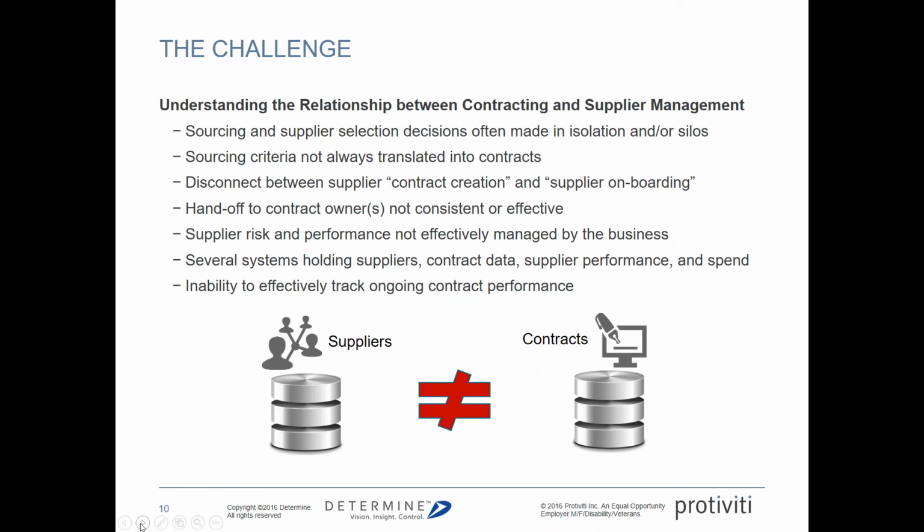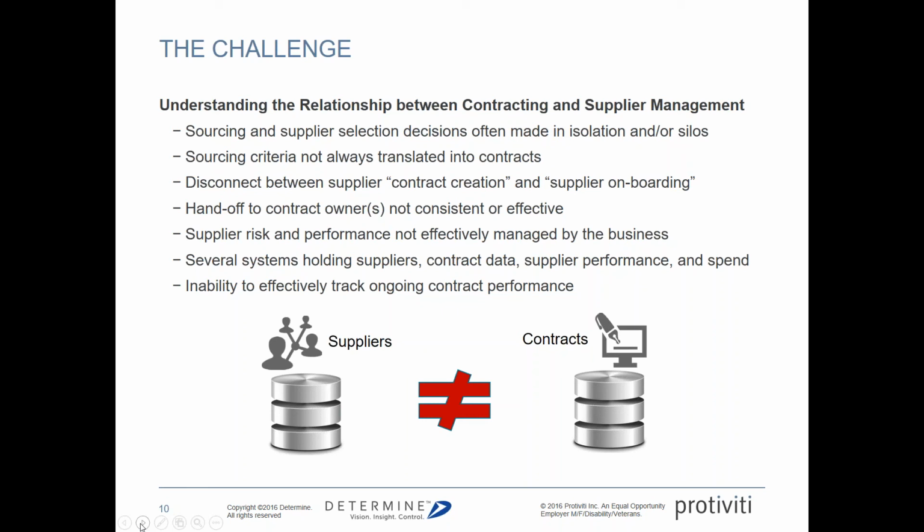So think about the problem of trying to onboard a supplier or create a contract when a supplier is not onboarded, which could be a very critical validation. The handoff to contract owners is also not consistent or effective, and oftentimes this is due to the lack of proper workflows embedded to correctly manage them, particularly when you're dealing with complex processes.